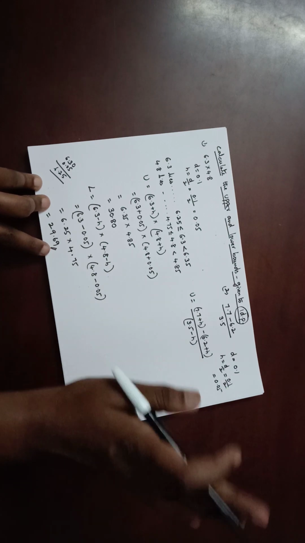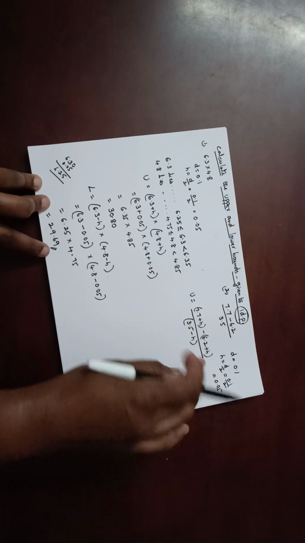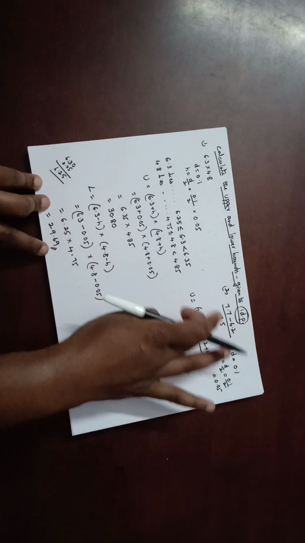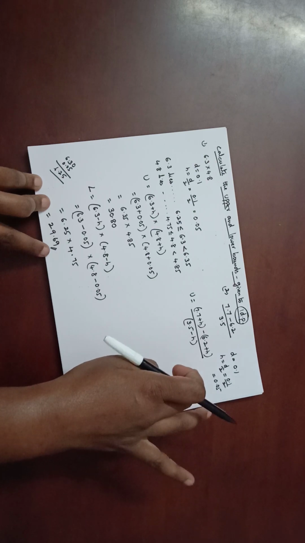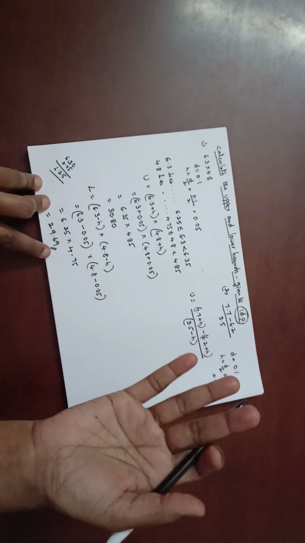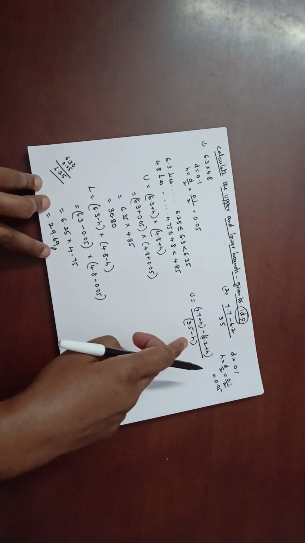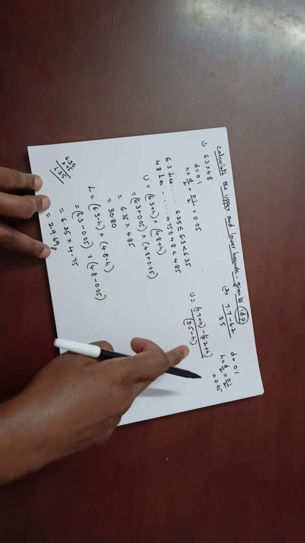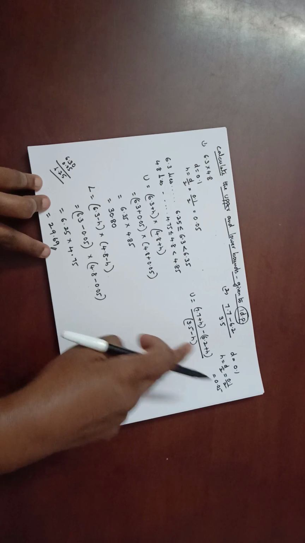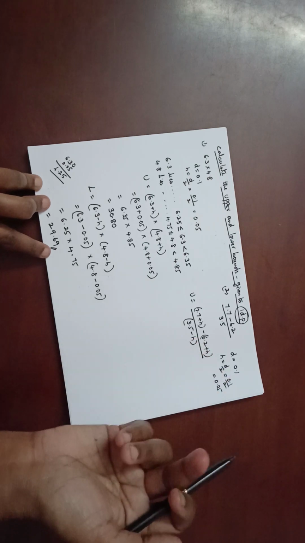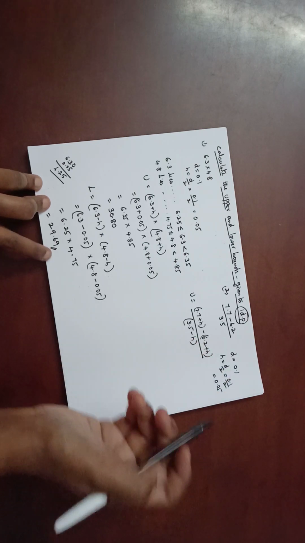Upper bound means a greater value. Because of that, to get an upper bound, we take the lesser denominator value. To get a lower bound, we take the greater denominator value.